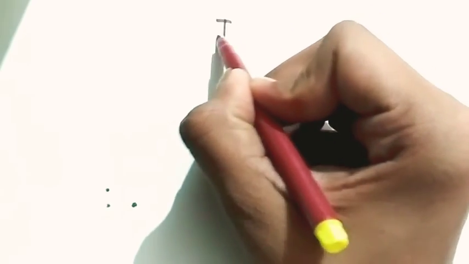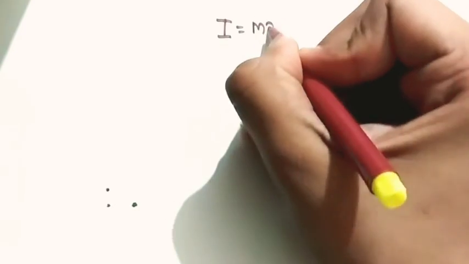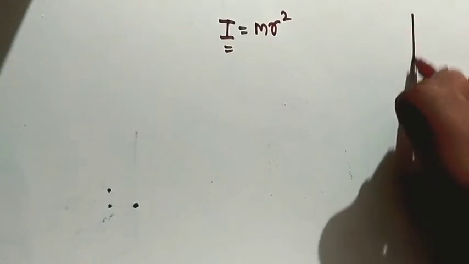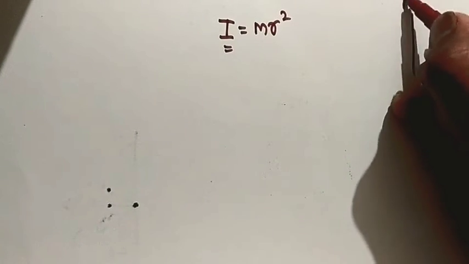So, according to the scientists, I is equal to mr square. You know that I is equal to mr square, where I is moment of inertia. For example, let's take this as an axis of rotation.